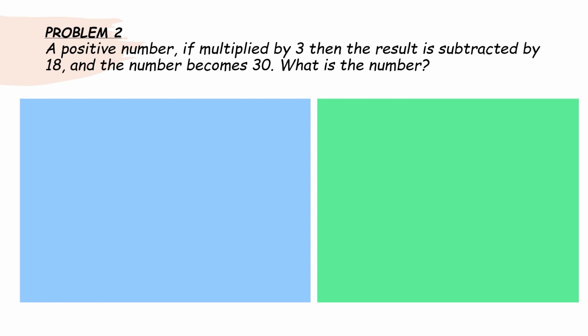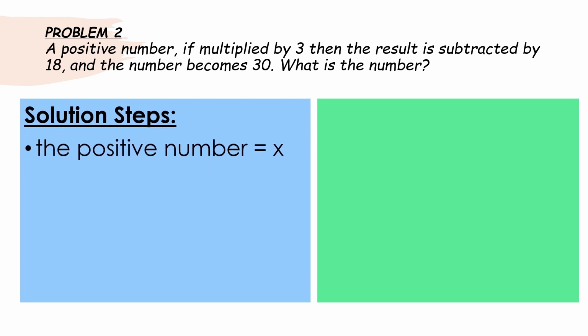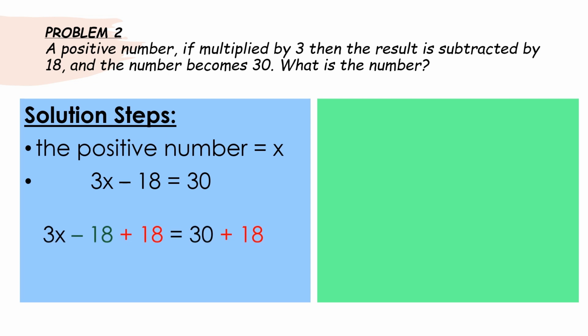Now let's move on to problem number 2. A positive number, if multiplied by 3, and then the result is subtracted by 18, the number becomes 30. What is the number? Let's say the positive number is x, and according to the statement, 3x minus 18 is 30.